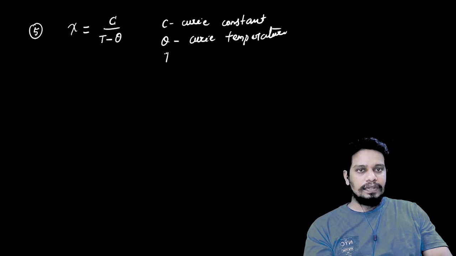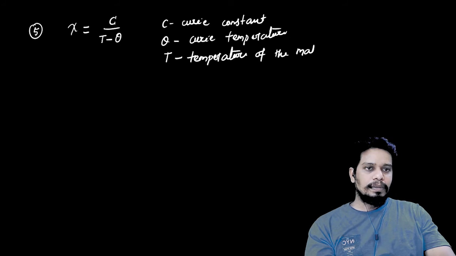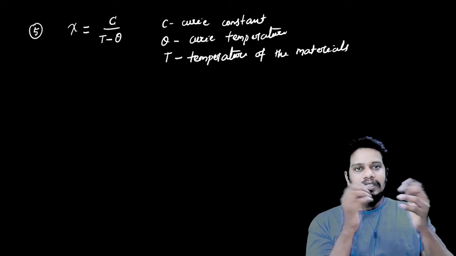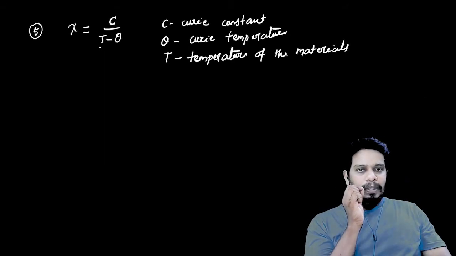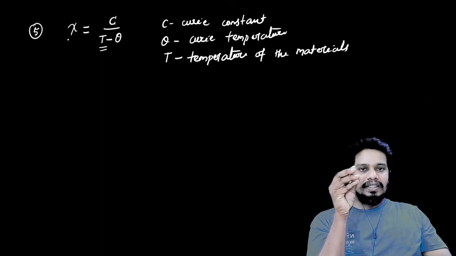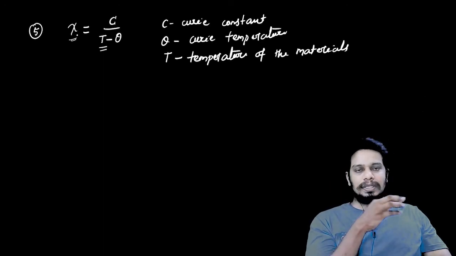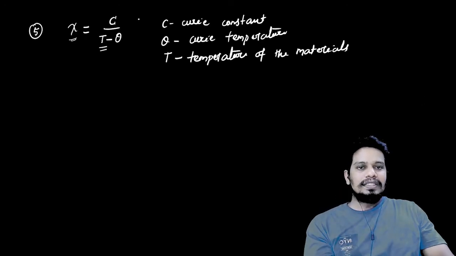T is the temperature of the material, the present temperature. What does this equation convey? If the temperature of the material keeps increasing, the denominator keeps increasing, so chi, the susceptibility, goes down.